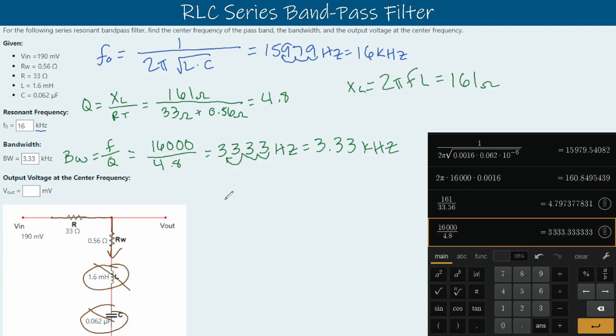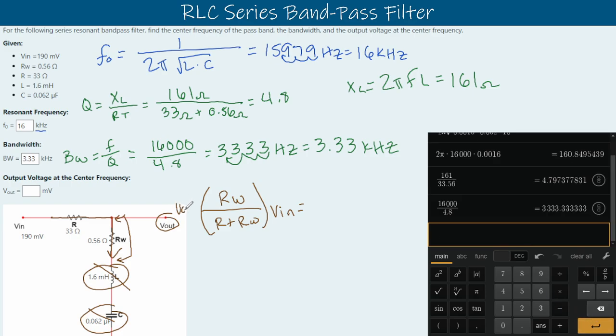And so that's what we're going to calculate, and we specifically want to know our voltage output, so we want to know the voltage drop across our winding resistance only. So we'll say that we have our winding resistance on top divided by our main resistor plus our winding resistance, and then that whole thing is multiplied by our voltage in. And this is going to be our V out here.